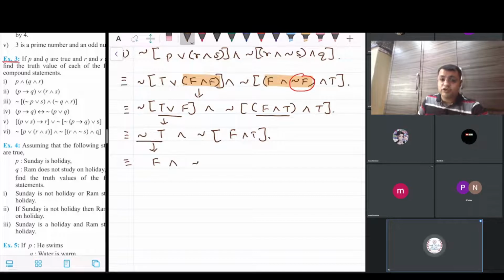Then it is negation of again F and T. So in case of F and T, we had seen just now the answer was false. So once again for this also the answer has to be equal to false, and I have a negation symbol already over there, so it is representing F and T over here. So what is that? F and T, the answer has to be finally false.